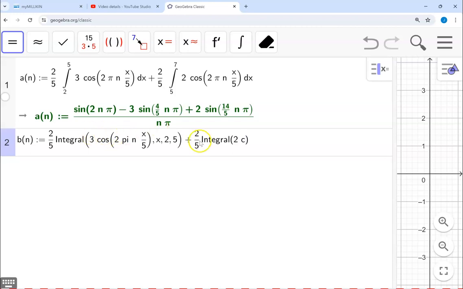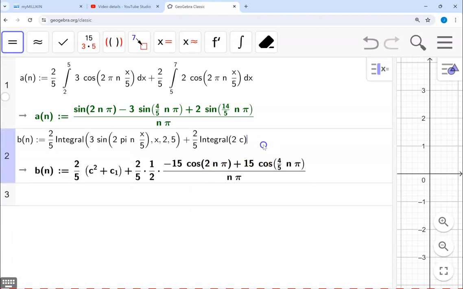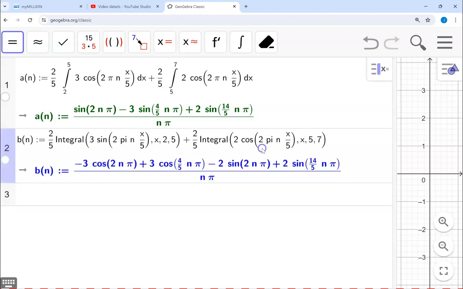Except I just said it was sines instead of cosines, so what am I typing? There we go.